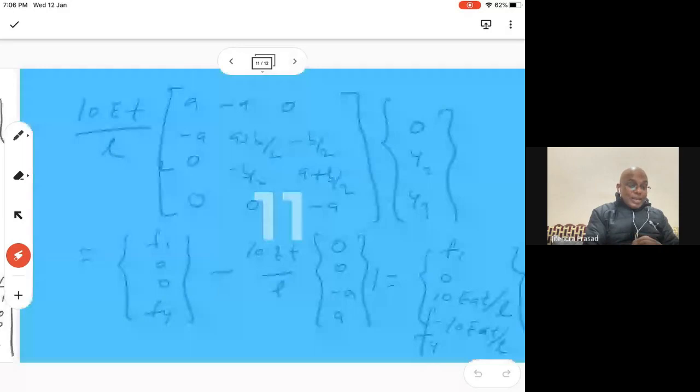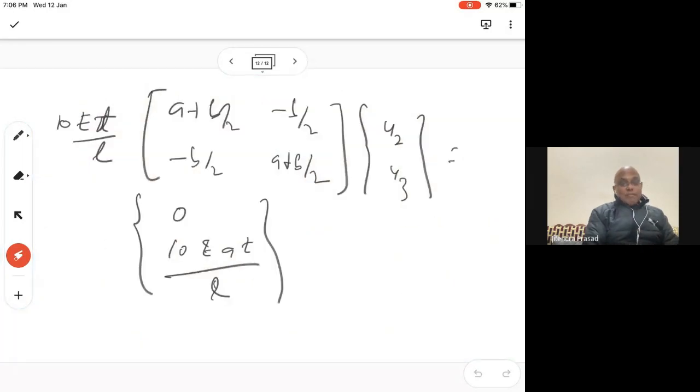This is lengthy, but finite element analysis is supposed to be done by computers. The main thing here is understanding the equations, and don't try to solve them by hand. If you are writing the four equations and trying to solve them, then your method cannot be applied to a big problem.